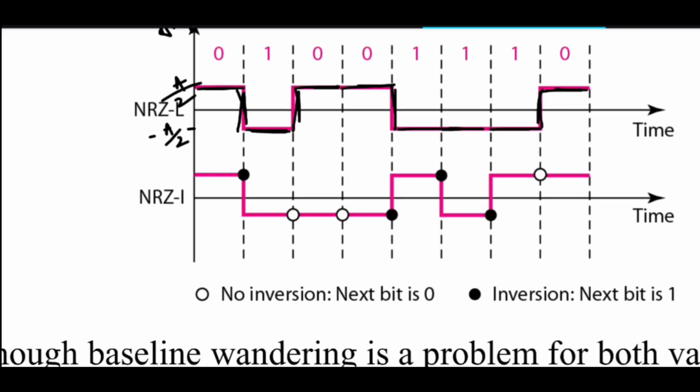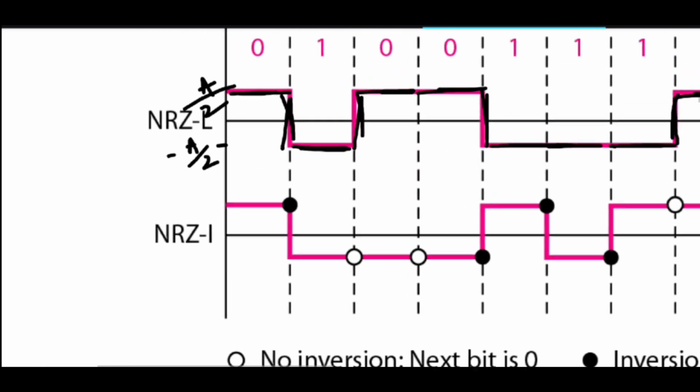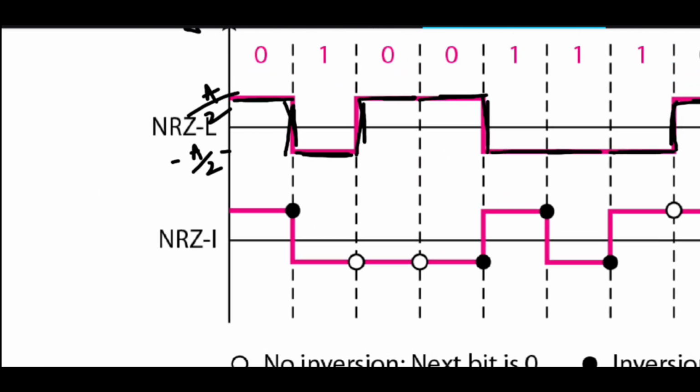Then let's move towards our NRZ-I, non-return to zero invert. Here you have to understand one thing: when we get a 1 in the next bit, we have to just invert. This is also A by 2 and this is minus A by 2.